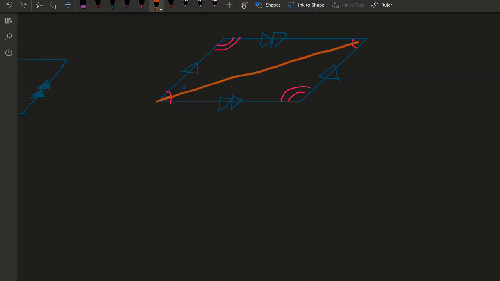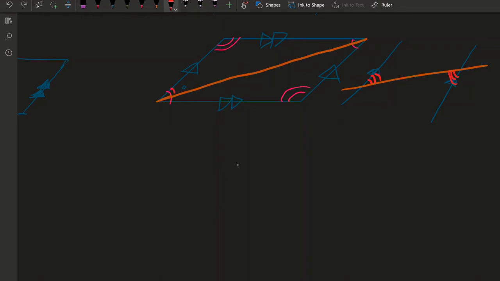Now, these two sides being parallel lines with this orange transversal coming through, knowing that these two lines are parallel, that means this red angle right here has to be congruent to this red angle right here because of alternate interior angles.